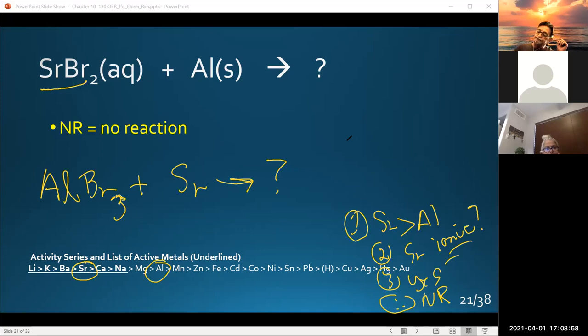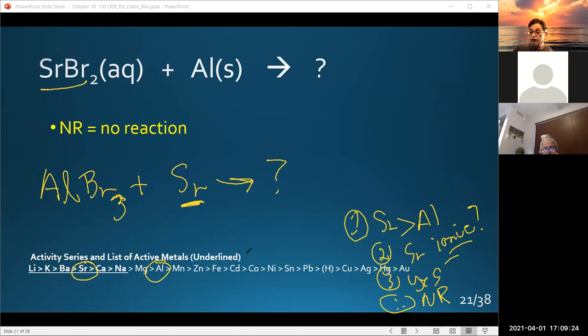What would you think? For aluminum bromide plus strontium, do you think that reaction will proceed? Go through the steps we just went through. Which one's most reactive? Strontium is more reactive, just like we did for the first one up there.